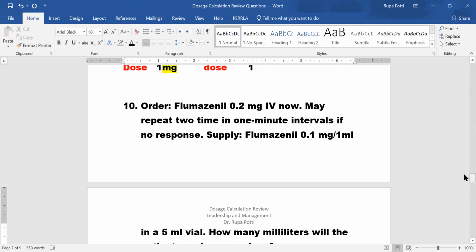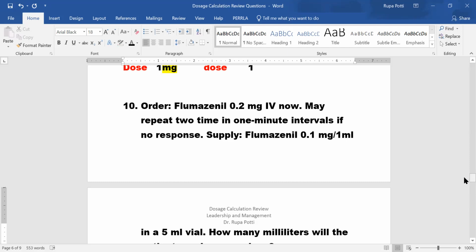I see many students, whenever we have a problem saying supply is flumazenil 0.1 milligram per 1 ml in a 5 ml vial, also trying to take this number into consideration and fit it somewhere. And that will throw your problem out, right?